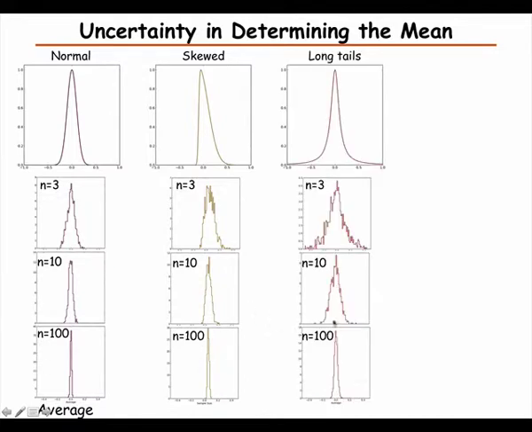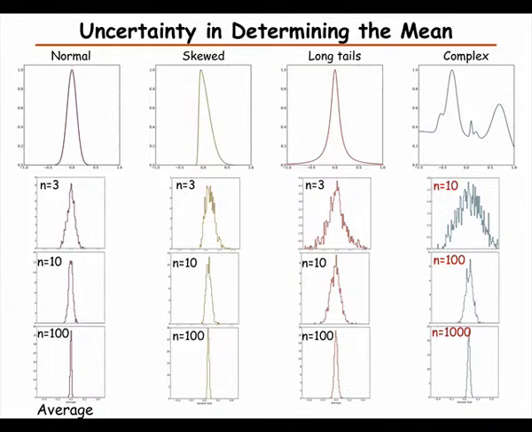And the same with our long tail distribution. It has a long tail for small n, but pretty quickly it becomes very close to normal. Now, we're only doing this by looking at the distributions, but later on in the course you'll learn how to test whether a distribution is normal or not.